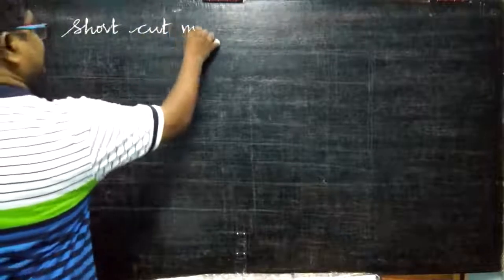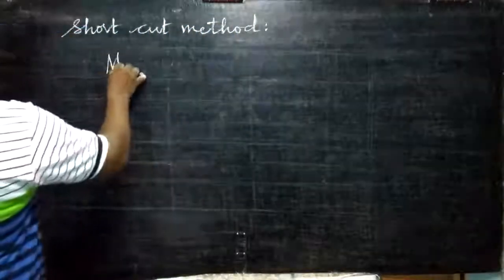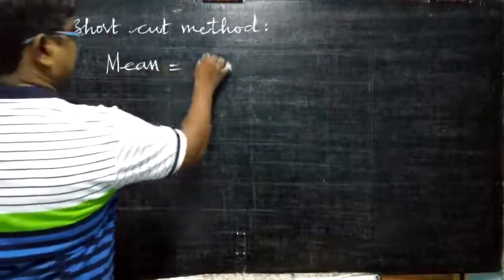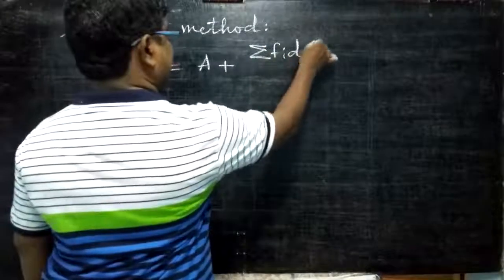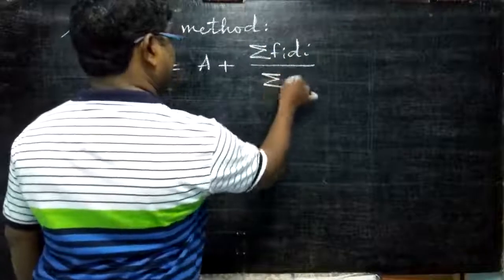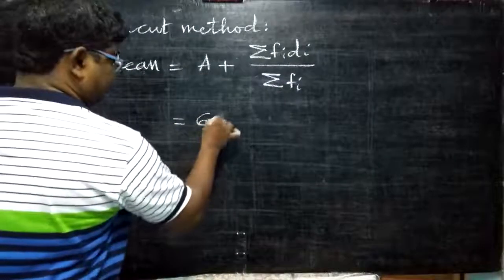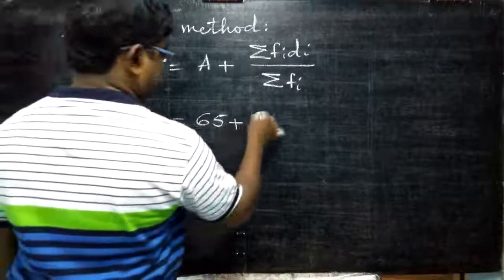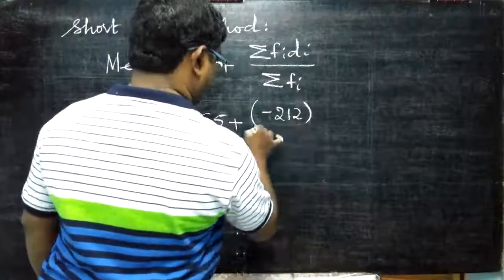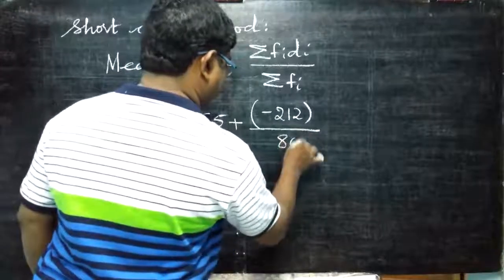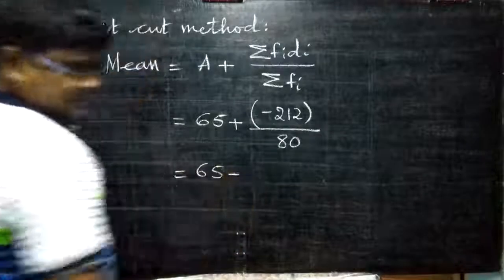In shortcut method, the formula of mean is equal to A plus sigma fi di by sigma fi. Already A, I told you, assumed mean we thought 65 plus we got here minus 212 by total we got 80.